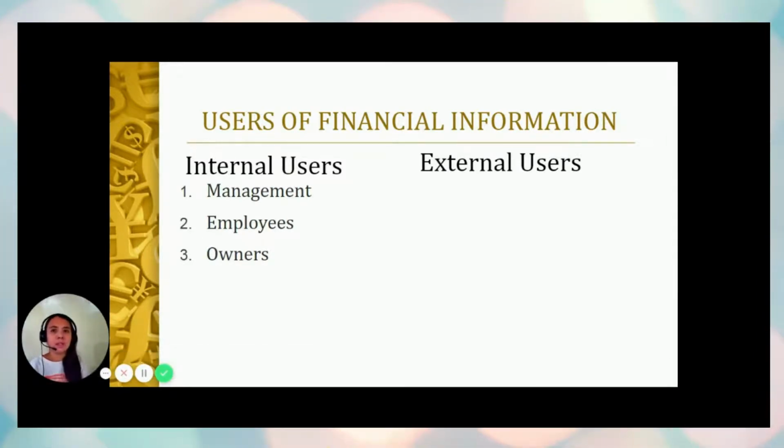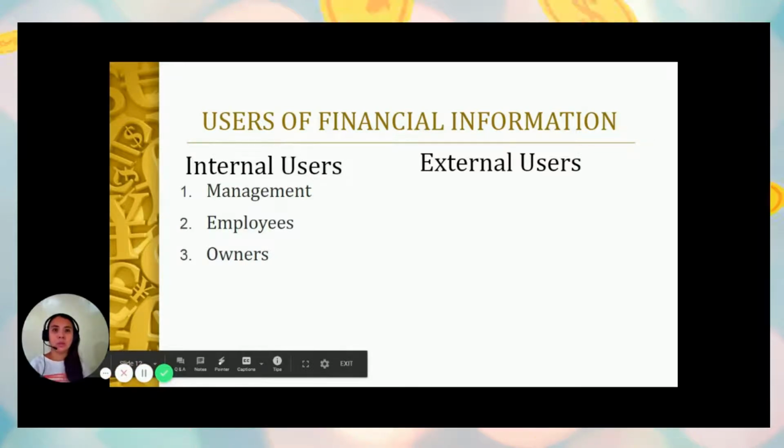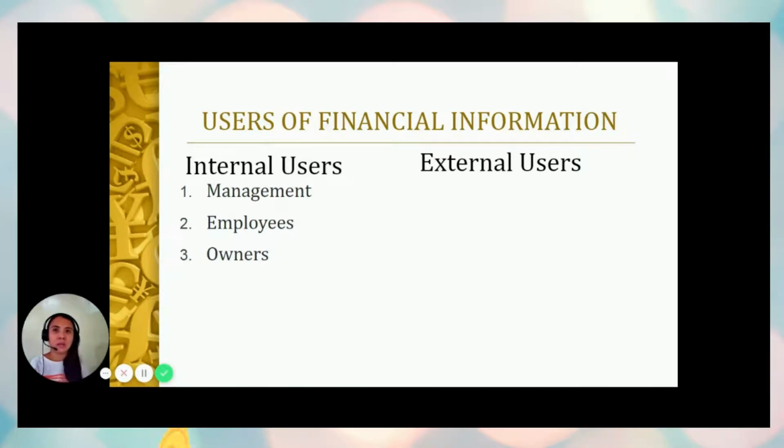For the management, the information that they need is the amount of the income or the earnings for the period. They want to know how much the sales is, or the available cash, or even the production cost. The decision supported by the accounting information would be to analyze the organization's performance and position and take appropriate measures to improve the company.